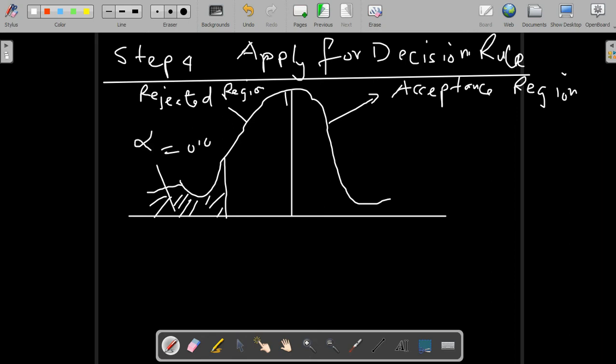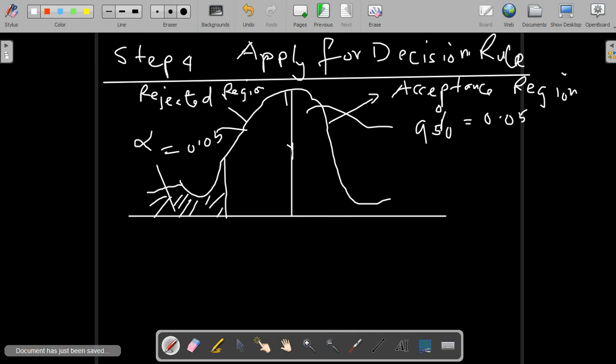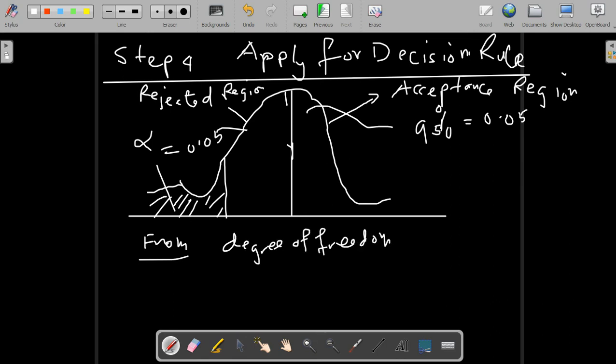The level of significance is 0.05, and this is placed in the left tail of the graph.